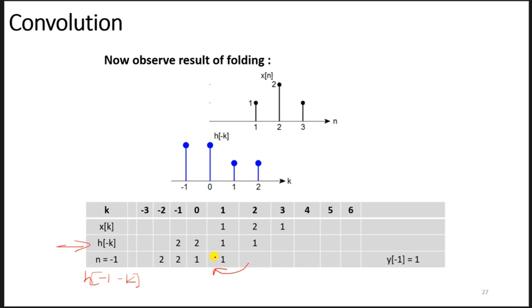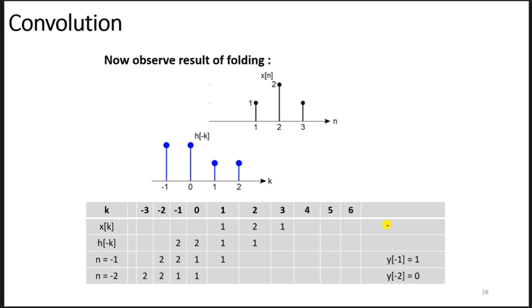Then you do the same thing once more. This one multiplies with this one, and so on. And then add, so you get 0 plus 0 plus 0 plus 1, so y of minus 1 equals 1. Then when you shift once more, the signal has run out, meaning when you move to the left until the sequences no longer overlap. At n equals negative 2, you have 0.